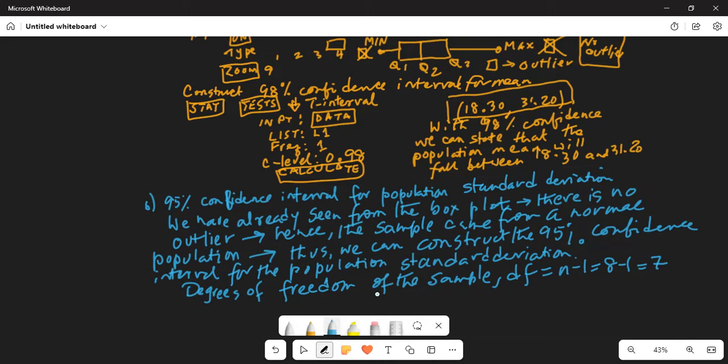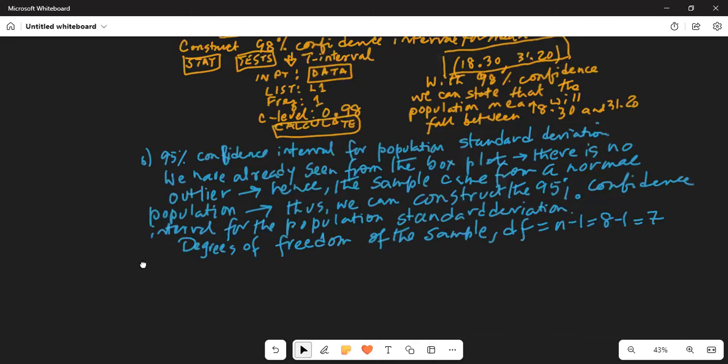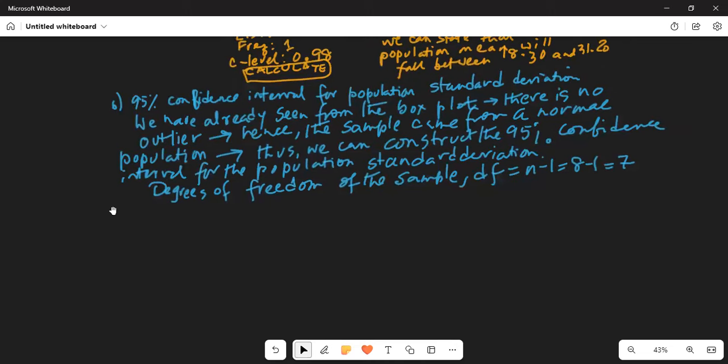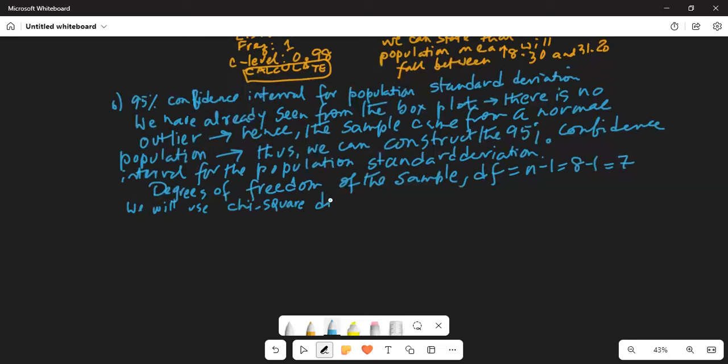So let's move up a little bit. We need the chi-square distribution, pronounced chi-square, with 7 degrees of freedom.